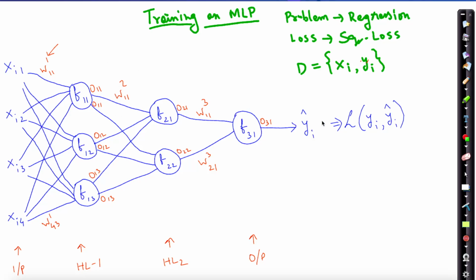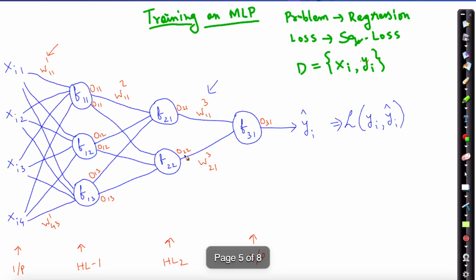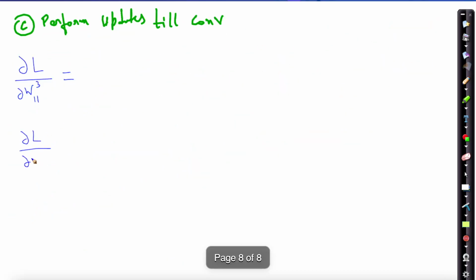So L with respect to this weight W311, bear with me. W311 will be some value, and another one in the same layer is W321.